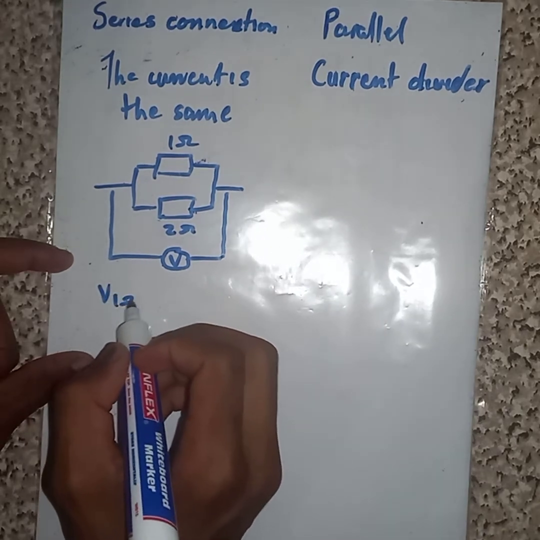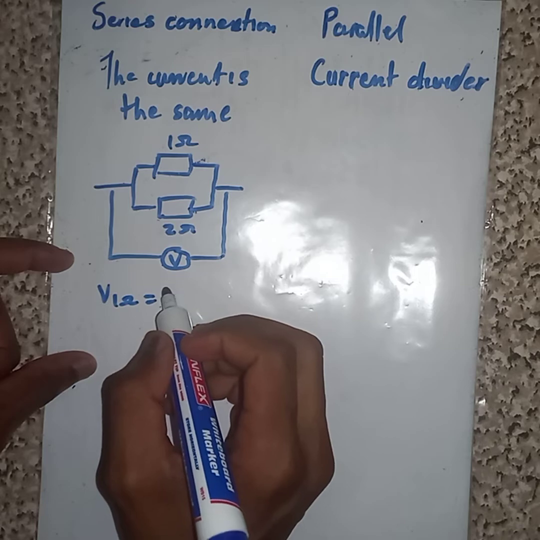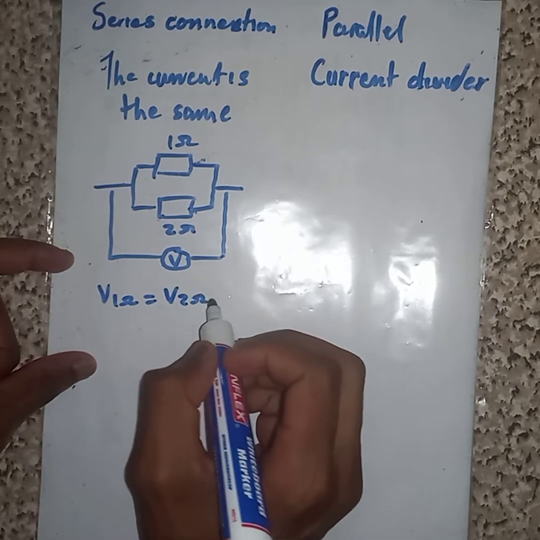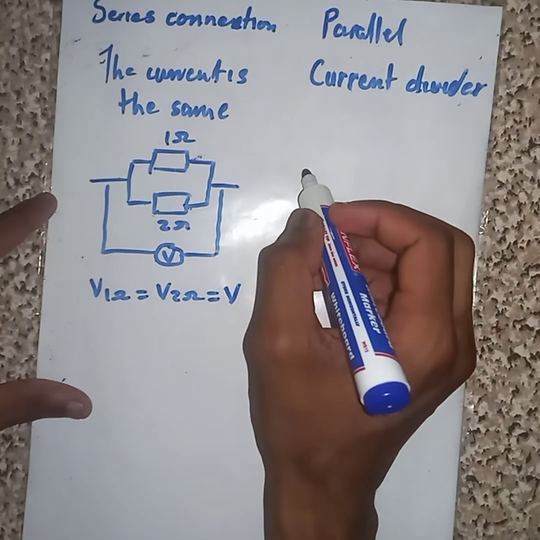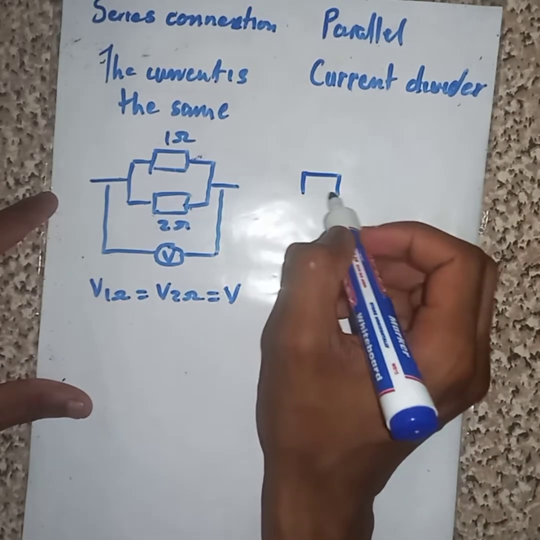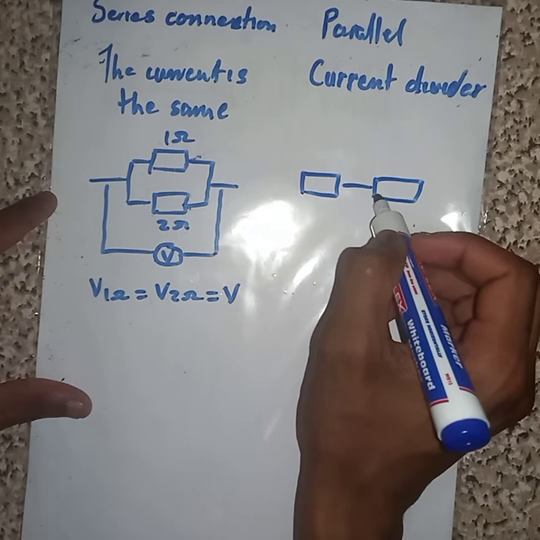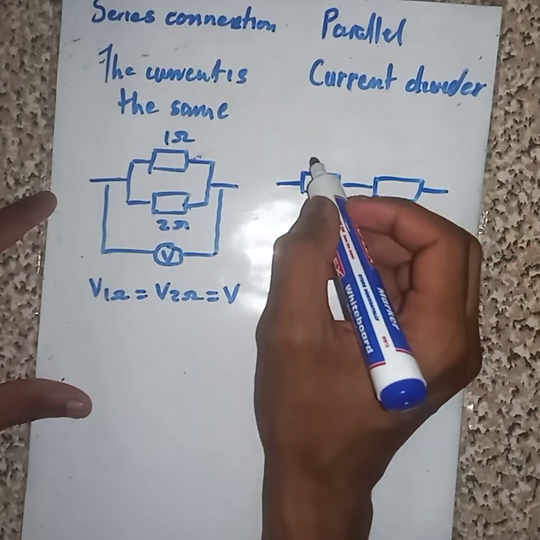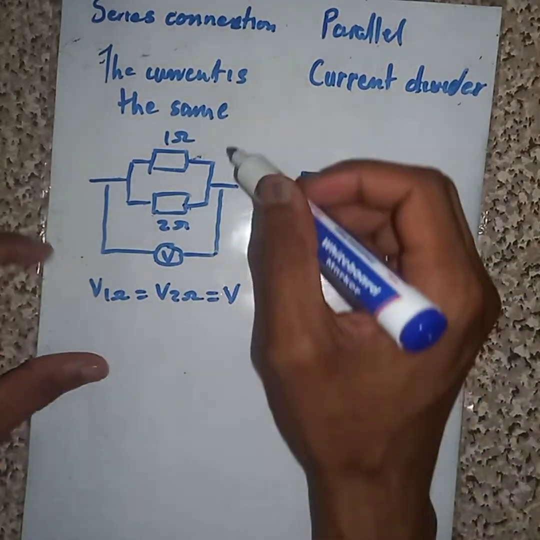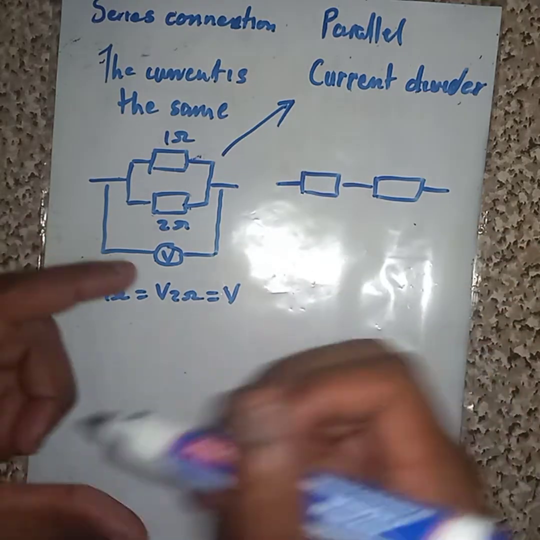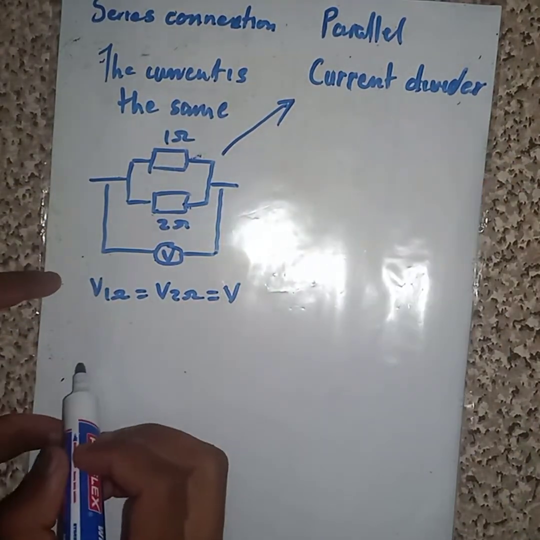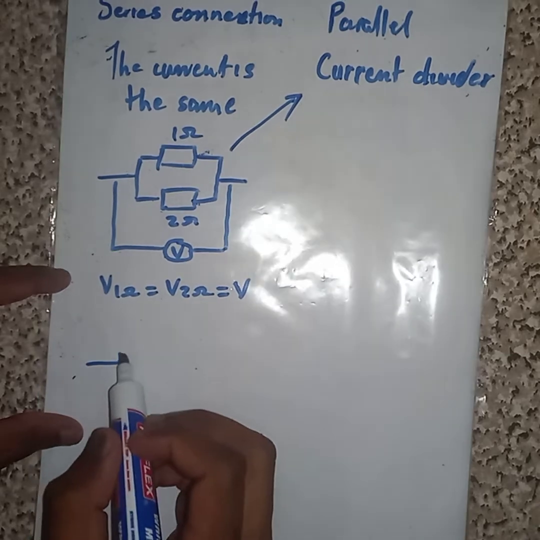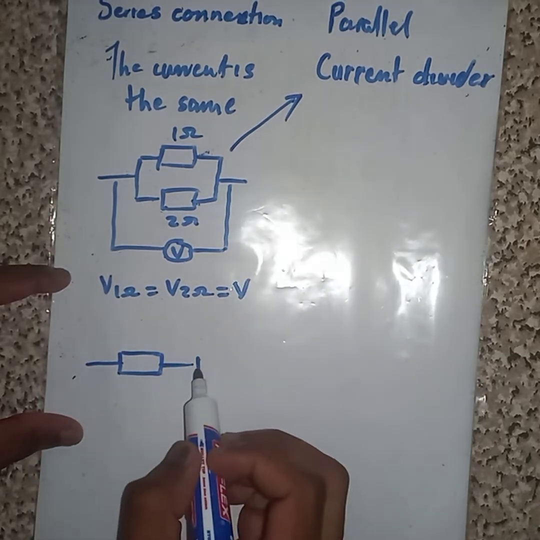V of 1 ohm is equal to V of 2 ohm, which is the same V. But now if I have this, this is a parallel connection. Then here I have a series connection.